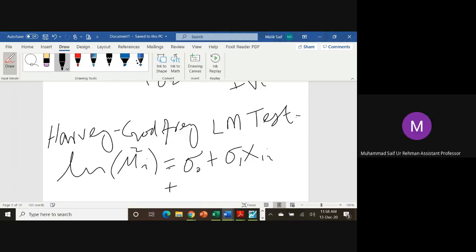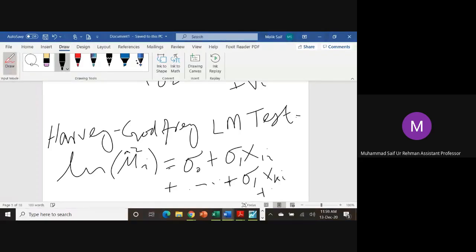Yes, ln of mu i square, or simply ei square if you take mu i hat. So you can write it as ln of ei square, and you will regress it on the other values. Those are the same in this third test. So delta k xki plus vi.